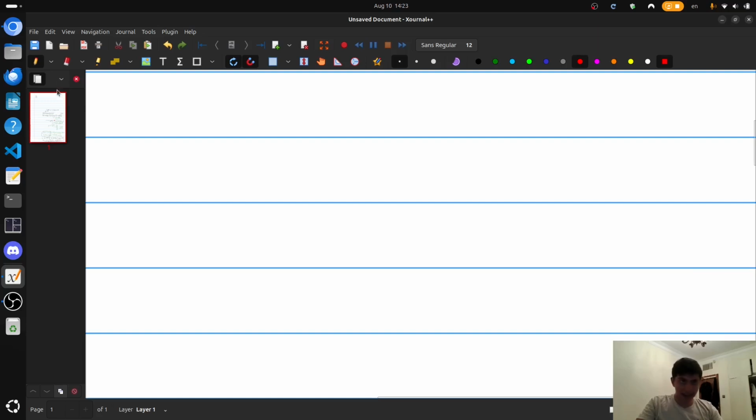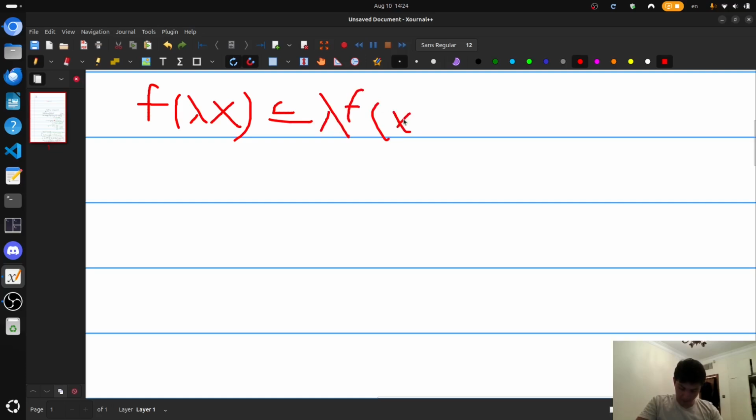You can use a fact that f of lambda x is less than or equal to lambda f of x. So we can take s equals lambda t, t equals lambda u.